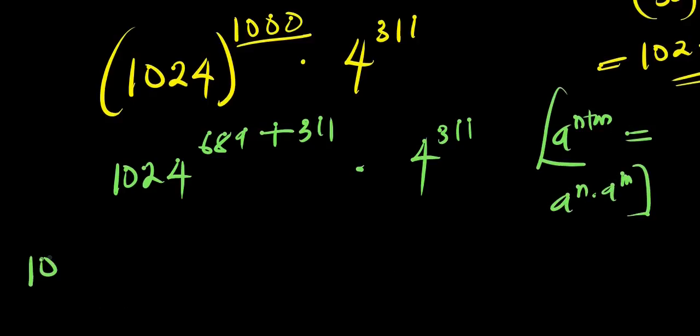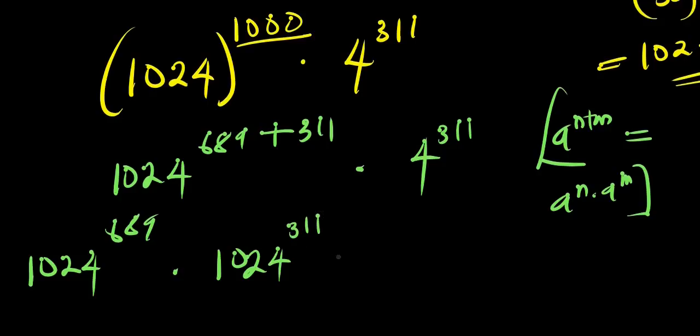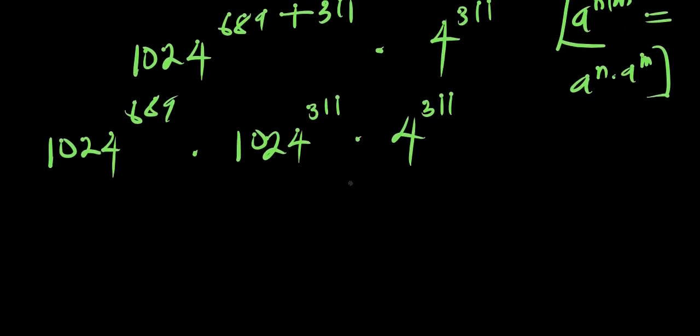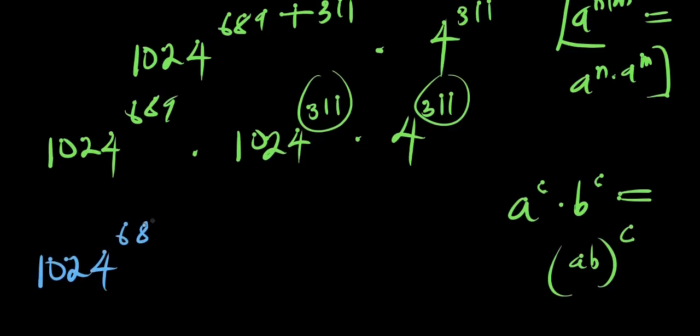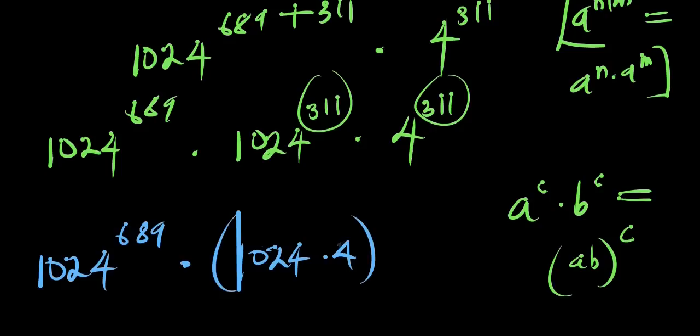So this will give us 1024 power 689 times 1024 power 311 times 4 power 311. Now the exponents are the same. Remember, if you have a power c times b power c, this equals a times b all power c. So we are going to have 1024 power 689 times 1024 times 4 all to the power of 311.